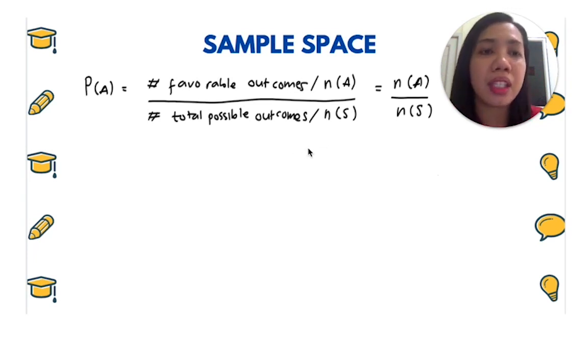So how to calculate the probability of event A? It is simply the division of the number of favorable outcomes. In this case, the number of favorable outcomes is the number of outcomes that lead to event A occurring.